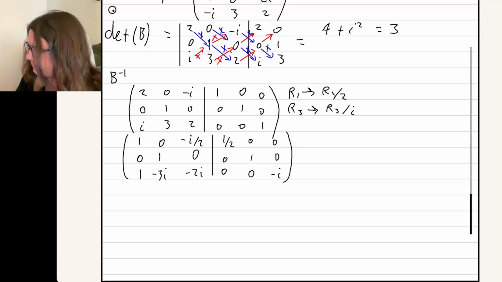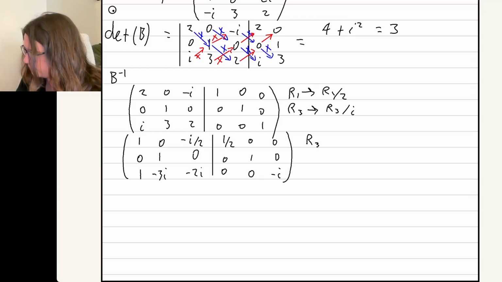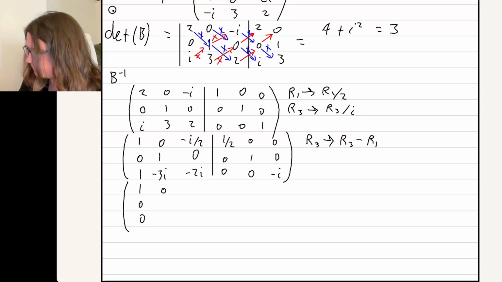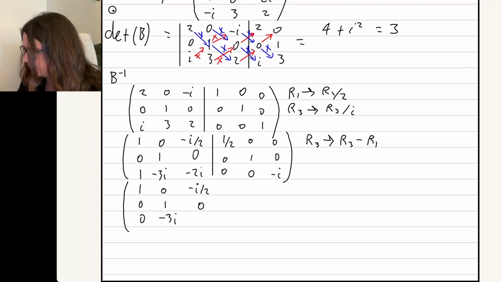Now I want to subtract the first row from the third. So R3 is going to be transformed to R3 minus R1, right? So we've got 1, 0, 0, 0, 1, minus 3I, minus I over 2, 0, and then minus 2I plus I over 2, right?